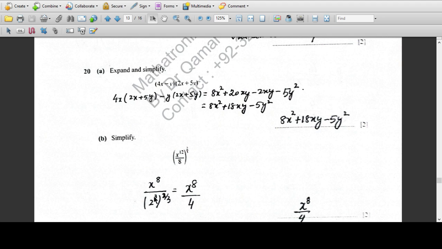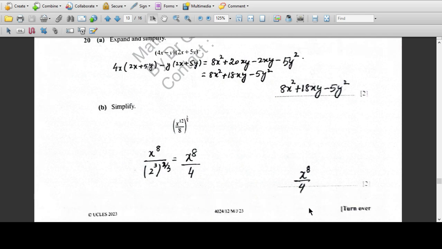In the denominator, 8 is 2 power 3, this 3 cancels with the other 3, and 2 power 2 is 4. So on simplification we obtain x power 8 upon 4.